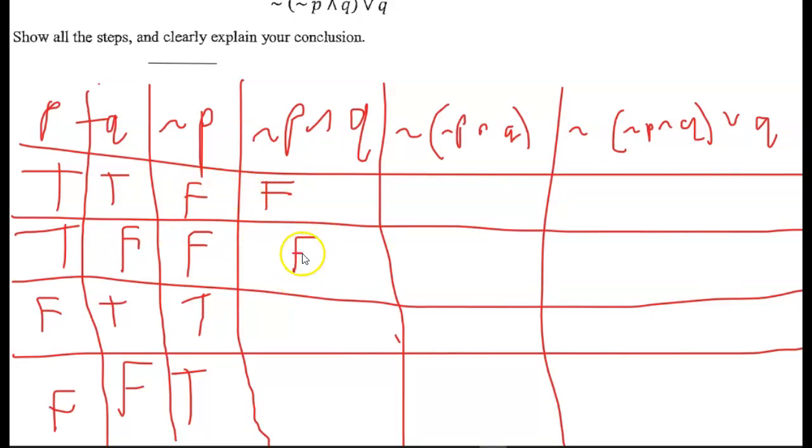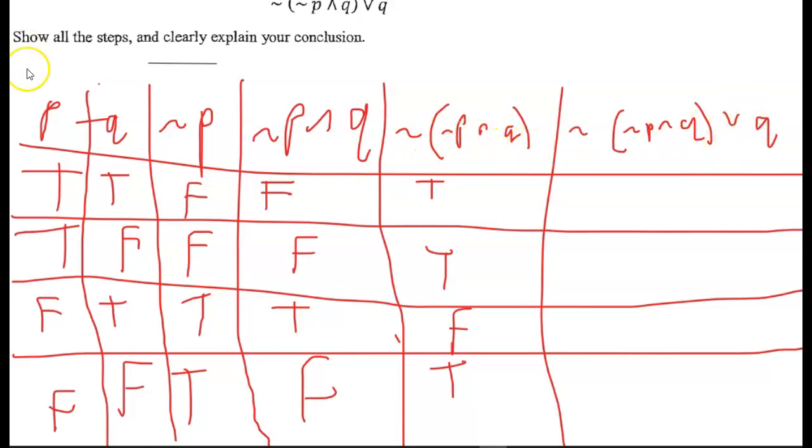False, false, false. Now because both of these are true, which is what we want for and, it's true. This is false. Now what is not this whole thing? Because this is in brackets, it's not the whole thing, so it'll be the opposite. False will be true, false will be true, true will be false, and false will be true.